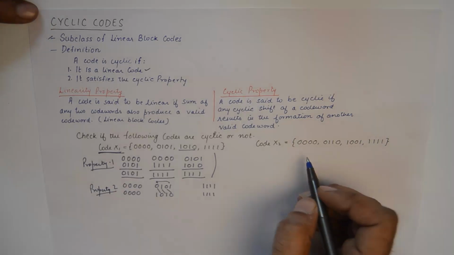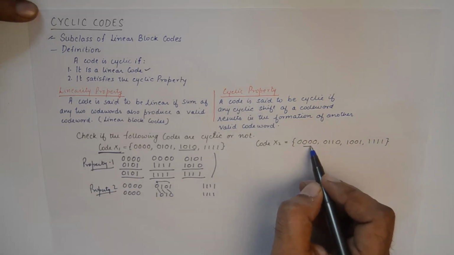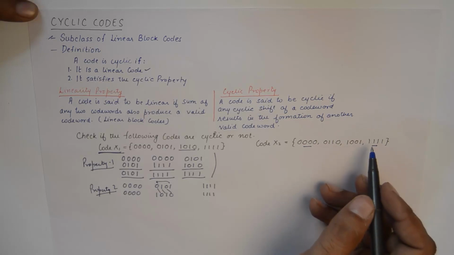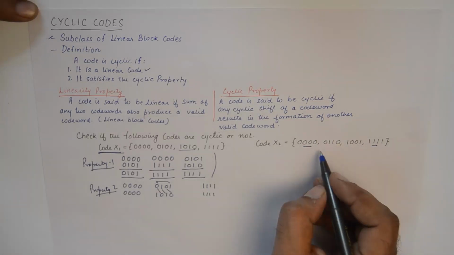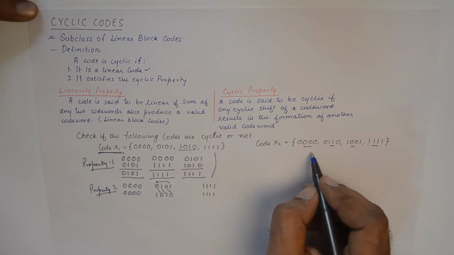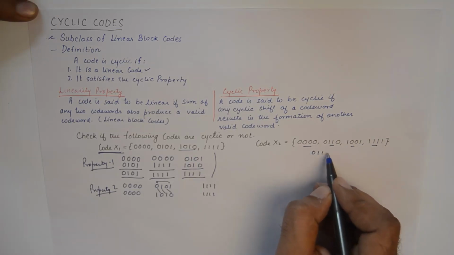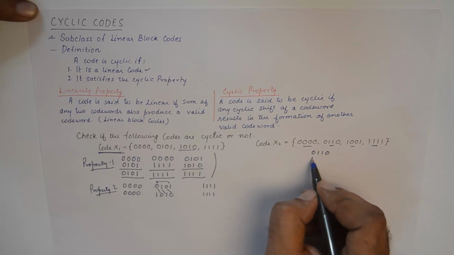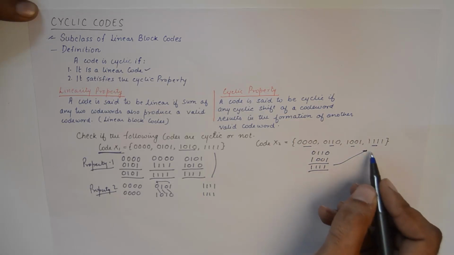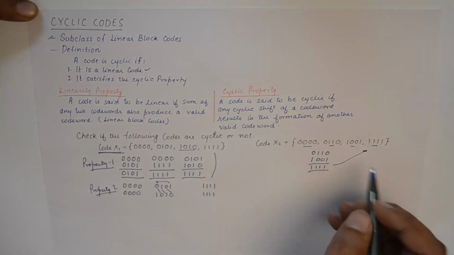On the other hand, if we look at this, we know that this and this are going to satisfy the shifting property, and again these two will also satisfy the linearity, because if we add these two, we'll get 1111, which is a valid code word in this set.